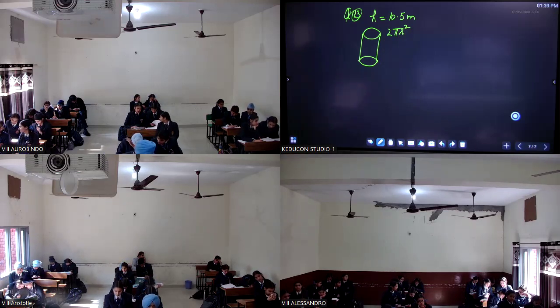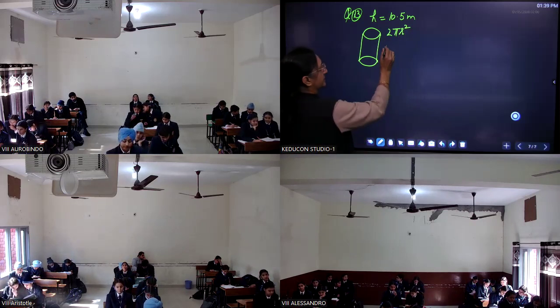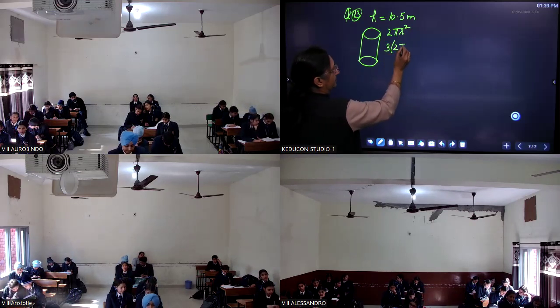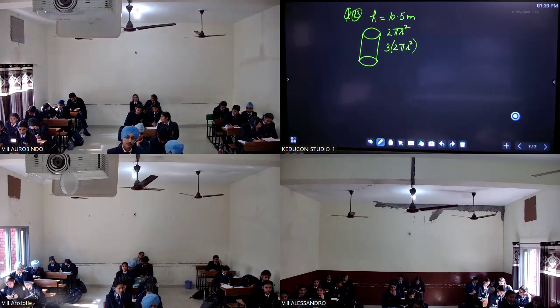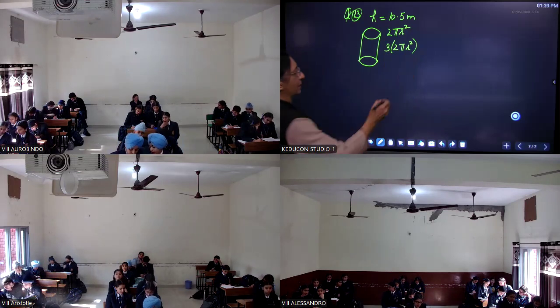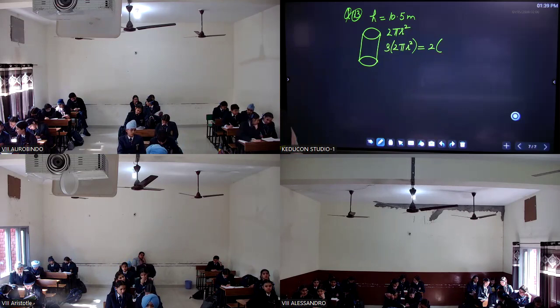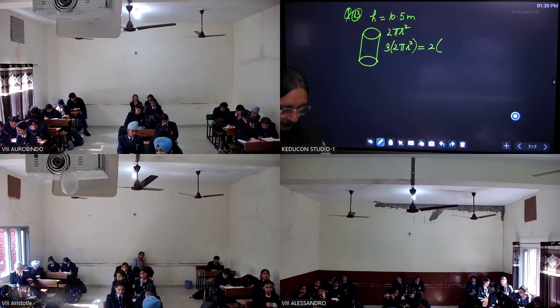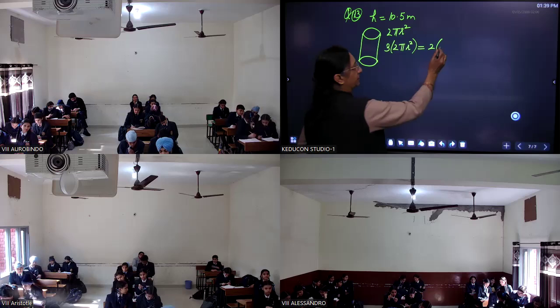So they are saying 3 times their sum is equal to twice of CSA. What is that? 2 times the area of curved surface, that is 2 pi RH.